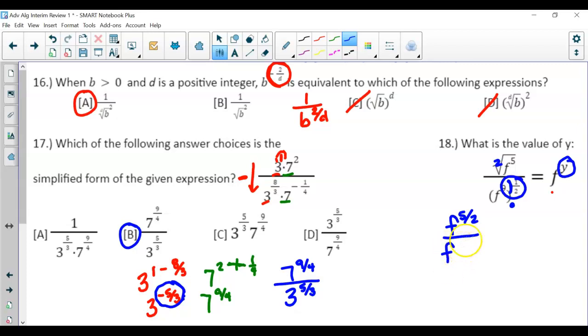So this is f to the 9 times 1/2, right? Power to a power, 9/2. Now we're dividing, bases are the same, so what do we do top to bottom? Subtract. So this is 5/2 minus 9/2, which gives you a new exponent of -2.